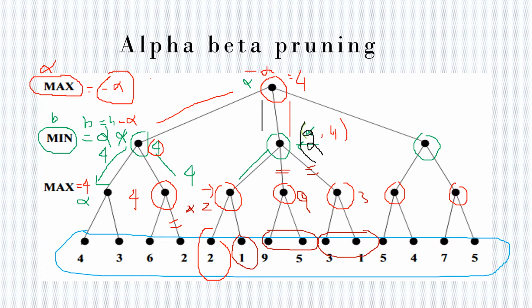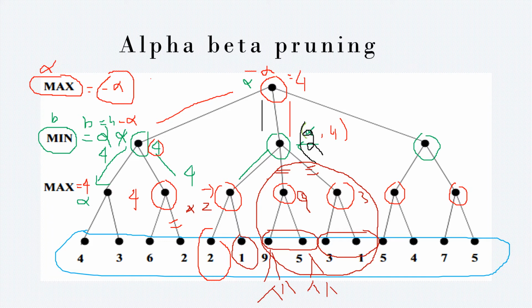In any case, beta will take this value too, so we don't need to search these nodes. And if these nodes have more subtrees, all of them will not be searched, hence it will reduce the solution space or the problem space.